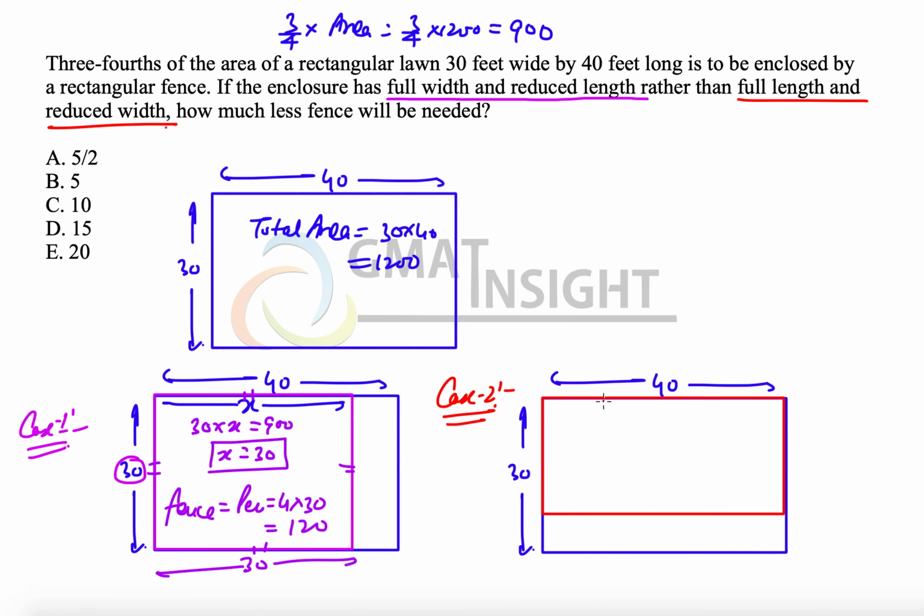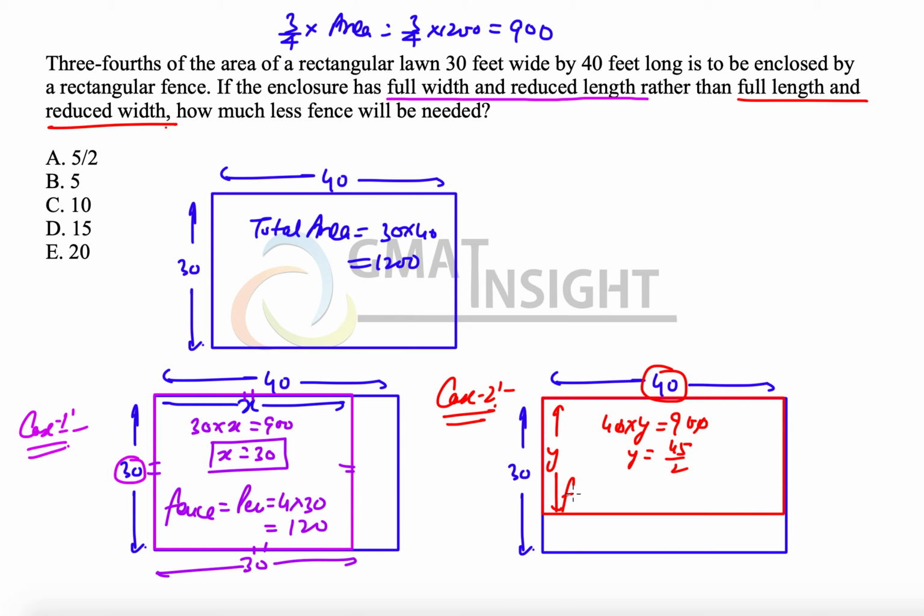We have taken full length, that means 40, but the reduced width. Now since we know that this number still remains 40, let's assume that this length is y. So we know that the area of this particular enclosed region should be 40 times y, and that should be equal to 900, which means y becomes equal to 45 by 2, right?